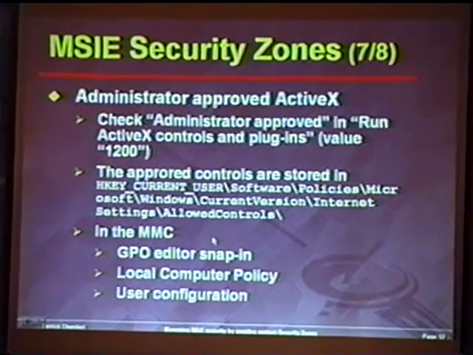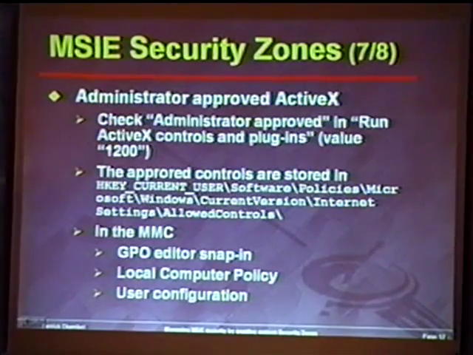Now, administrator approved ActiveX. You know that you have 4 choices to execute or not ActiveX in your IE. You can prompt the user to execute or not ActiveX, you can forbid any ActiveX, you can execute any ActiveX, and you can execute only administrator-approved ActiveX. So where do you specify which ActiveX are approved or not?